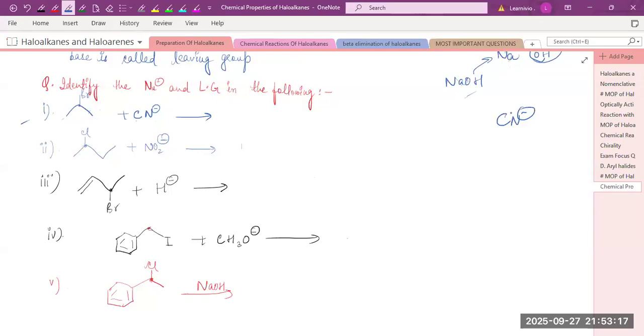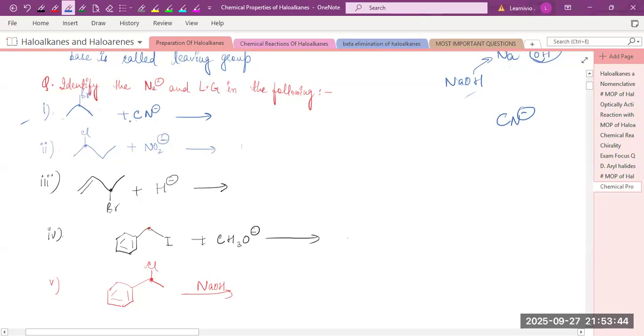They can attack from both the sides. Yes. Basically, that nucleophile which has more than one attacking site, more than one donor site, is known as an ambidentate nucleophile. So cyanide ion is an ambidentate nucleophile. In some molecules it will attack from the carbon side, and in some molecules it will attack from the nitrogen side, right?